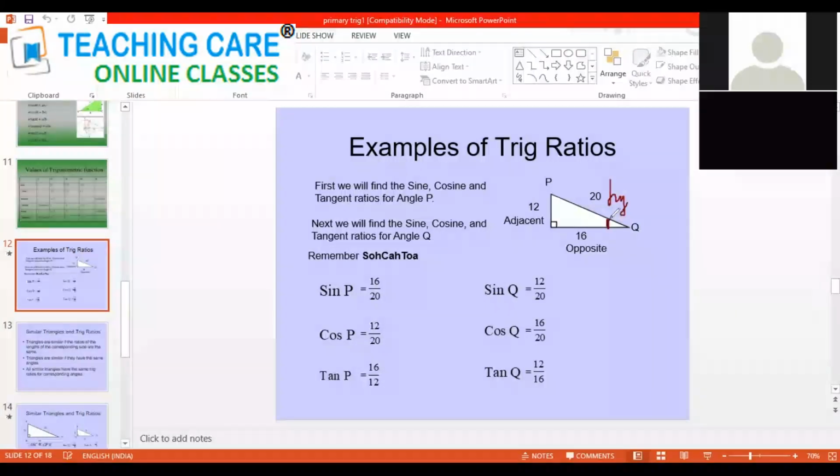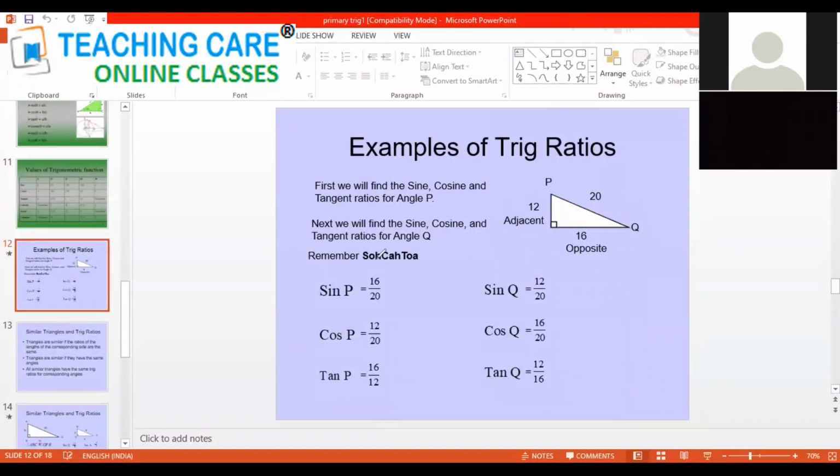If it is angle Q, this will be the opposite side, and this will be the adjacent side. If the angle is P, the opposite side will be this one and the adjacent side will be this. Understood? Got it?